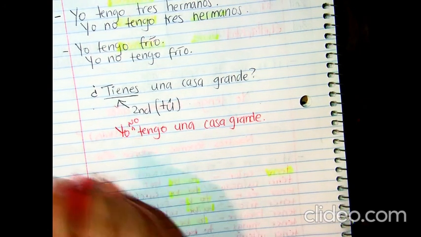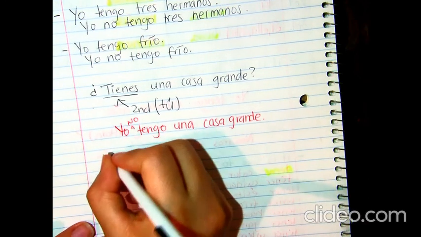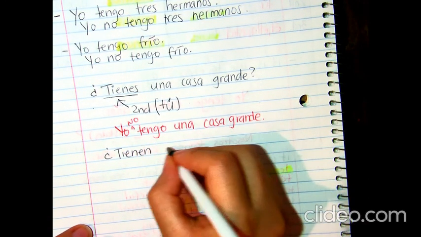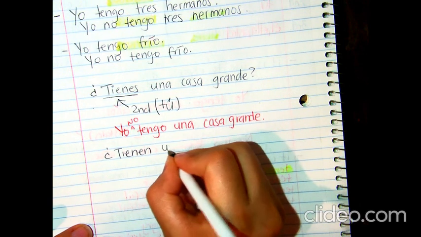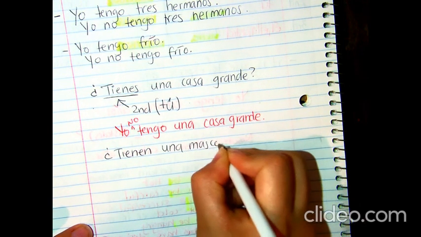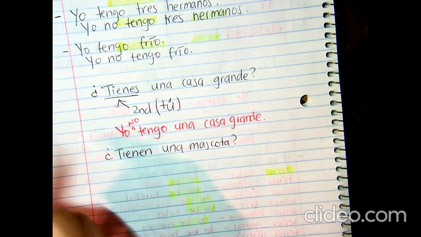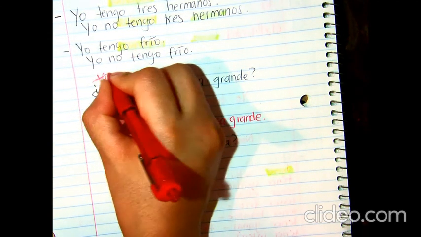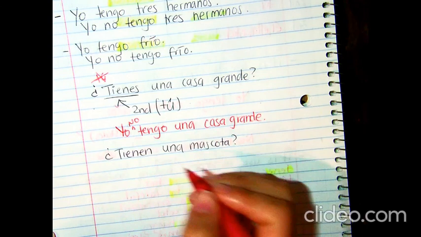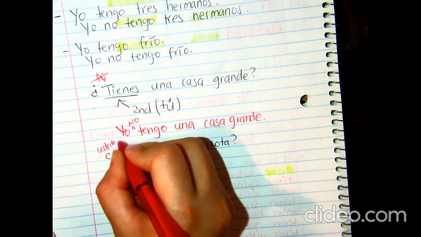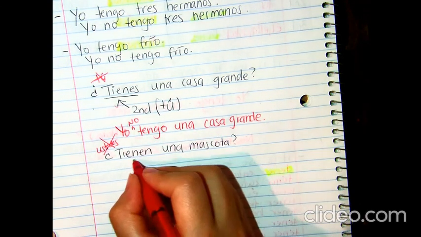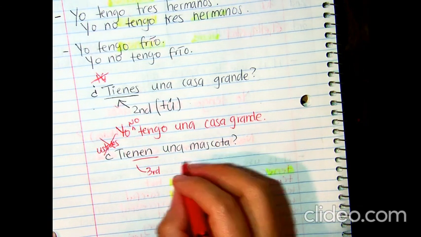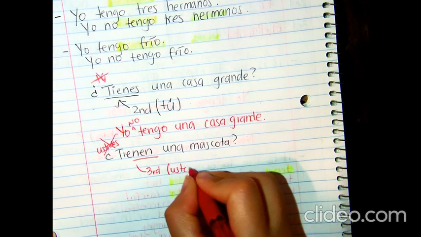Okay. So let's say if I was saying, ¿tienen una mascota? Notice how the pronoun gets omitted right here. So you don't have tú, it gets omitted. And right here, it's ustedes. It gets omitted. So this is third person, and it's ustedes.